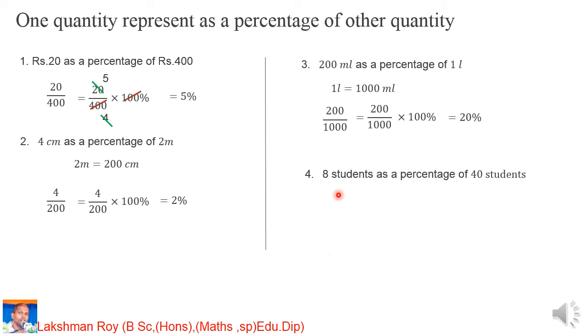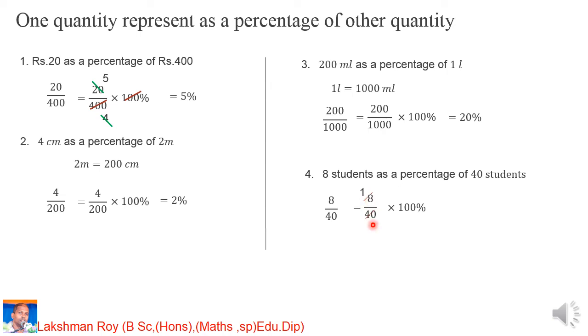Let's move to another example. 80 students as a percentage of 40 students. How to write? First the fraction 8 over 40. Multiply by 100%. So how to simplify? 8 and 40 can simplify by 8.